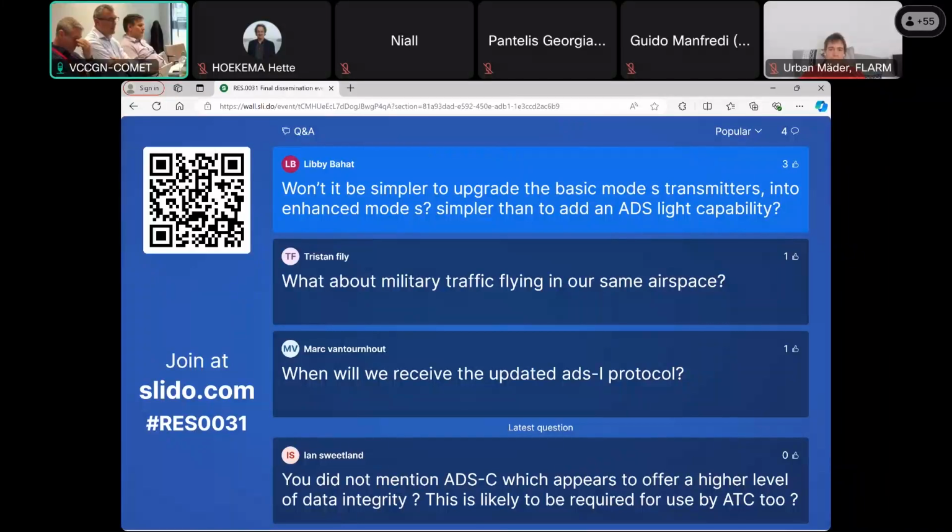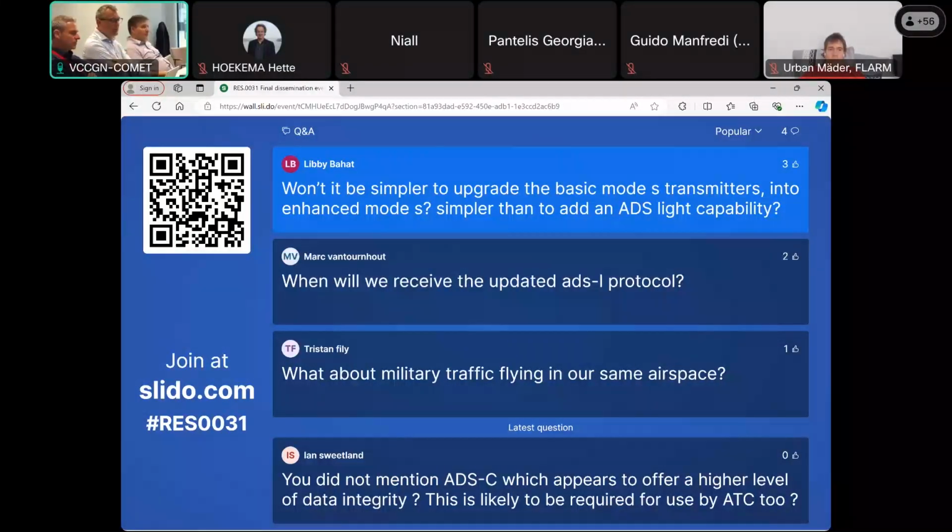Of course, the solution for those people would be either to change the transponder for one that is capable of transmitting GNSS, or to complement the system with an ADS-L capable system, some of which are already on the market and were displayed on the slide already. So this is how the solution exists today.